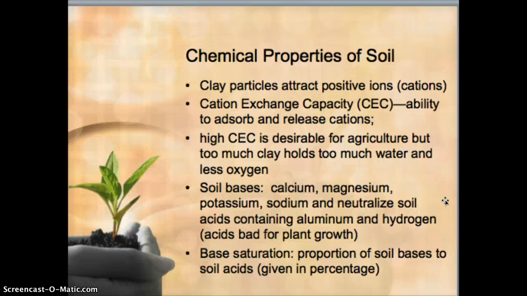Acids typically are bad for a lot of plant growth. It depends again a little bit on what type of plants you want to grow, what sort of pH they would want for the soil. Base saturation means the proportion of soil bases to soil acids, and that's usually given as a percentage overall for the ratio of bases to acids.